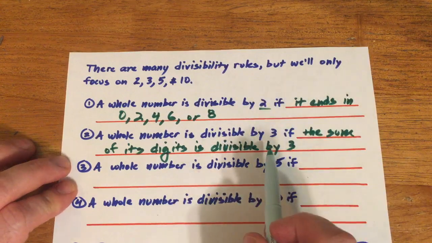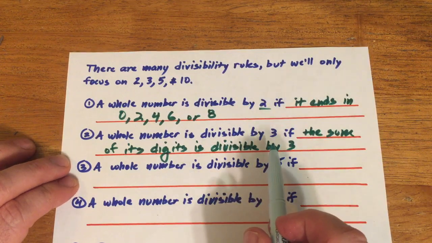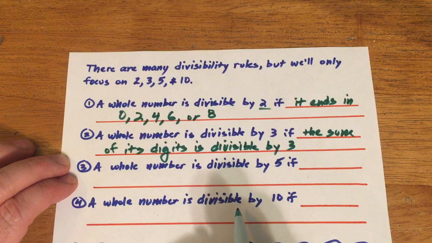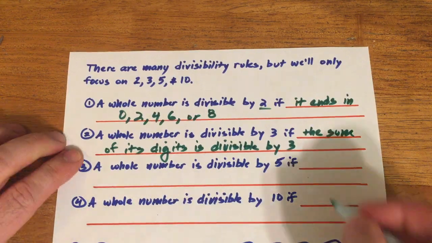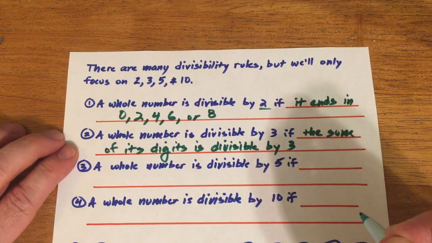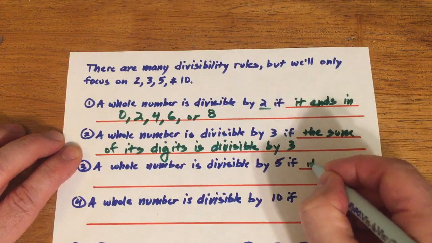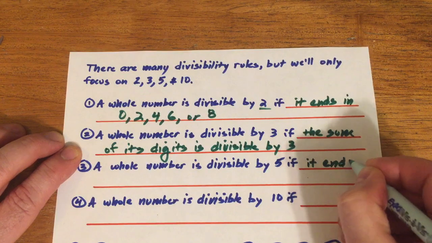We're going to take a look at this rule closely, and all of these actually, in just a little bit. Let's take a look at the next one. A whole number is divisible by 5 if, you should know, it's got to end in what? 0 or 5.